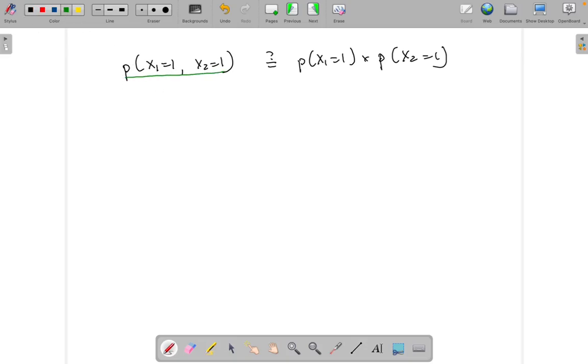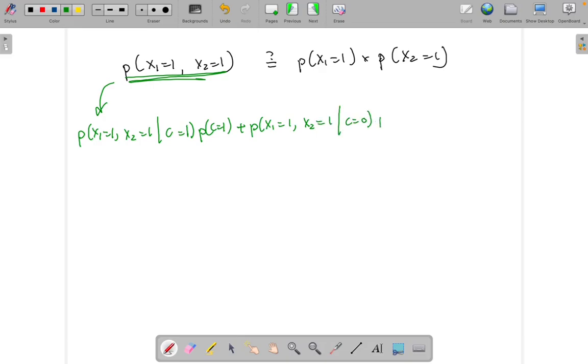Well, let's compute the left-hand side here. To compute the left-hand side, I can marginalize out C. So I can add the conditioning on C equal to 1 times the probability that C is equal to 1, and same thing for C equal to 0. And since those are the only possible values of C, I just need to add up these two numbers.